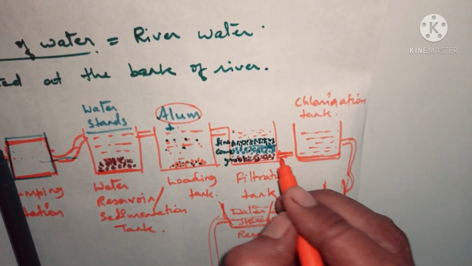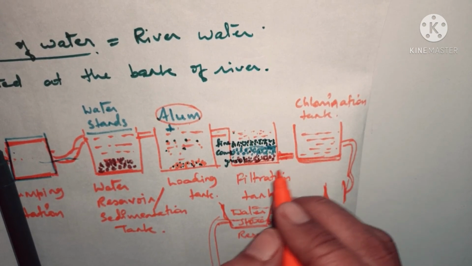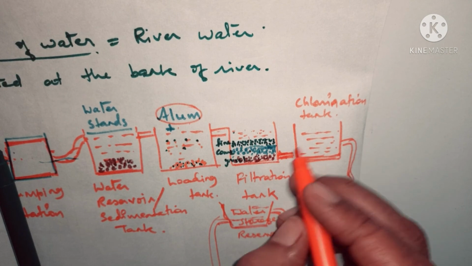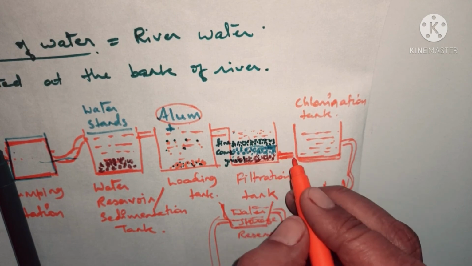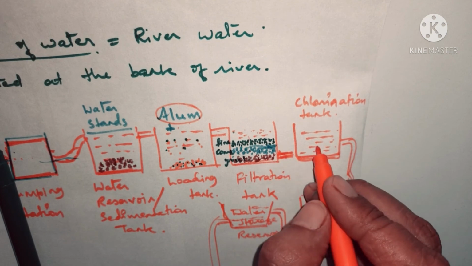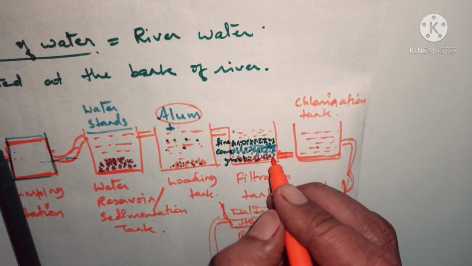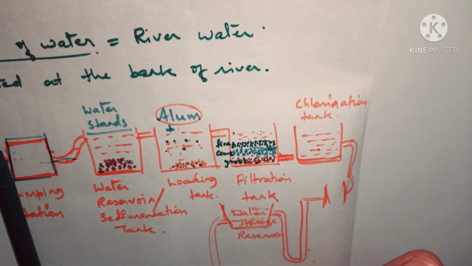The pipe is at the lower bottom, and from there cleaner water moves to the chlorination tank. Here the water gets cleared almost completely.